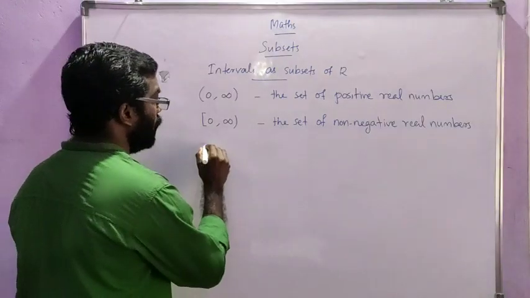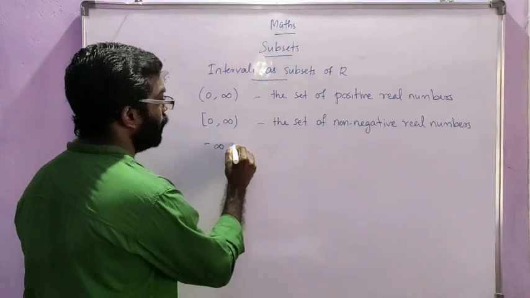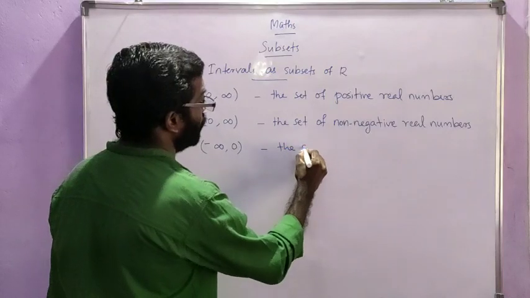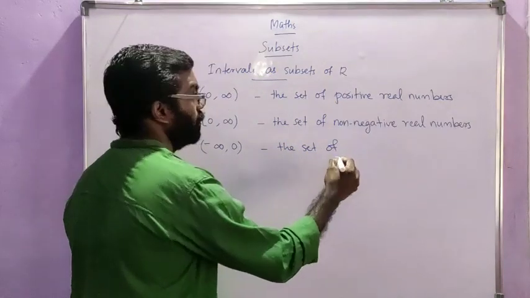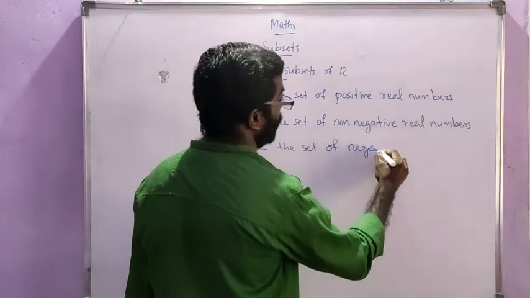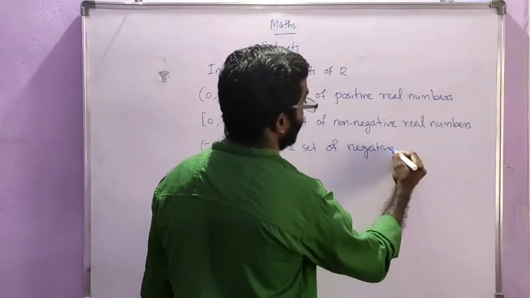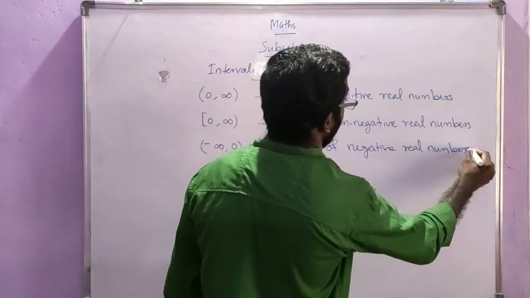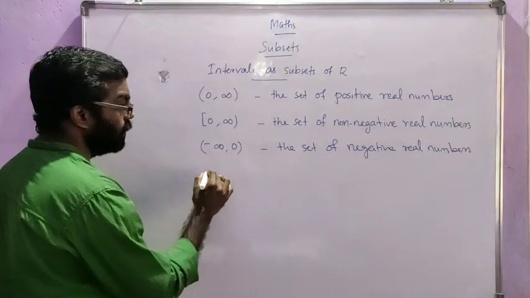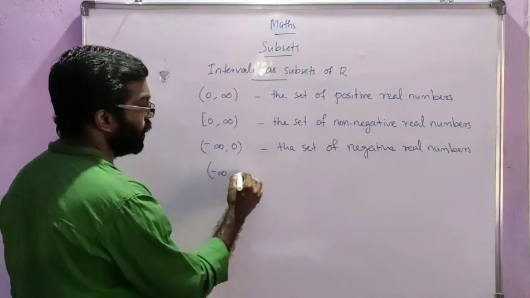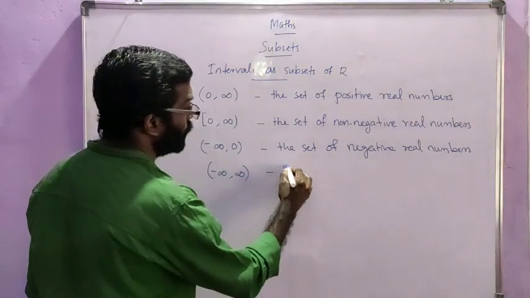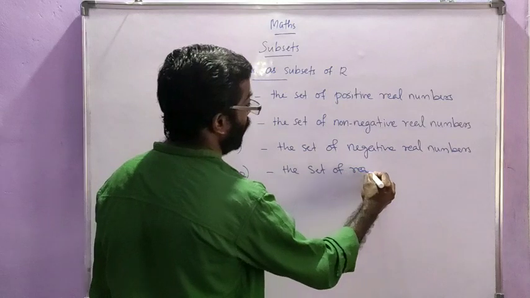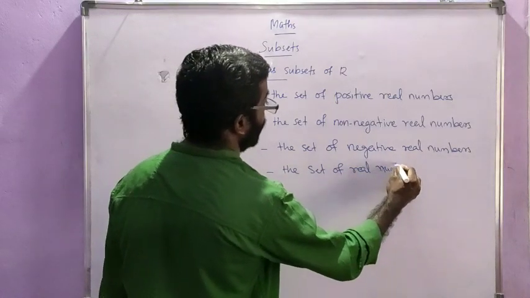And the next one is open interval minus infinity, 0. That means the set of negative real numbers. And another one is minus infinity, infinity. It denotes the set of all real numbers.